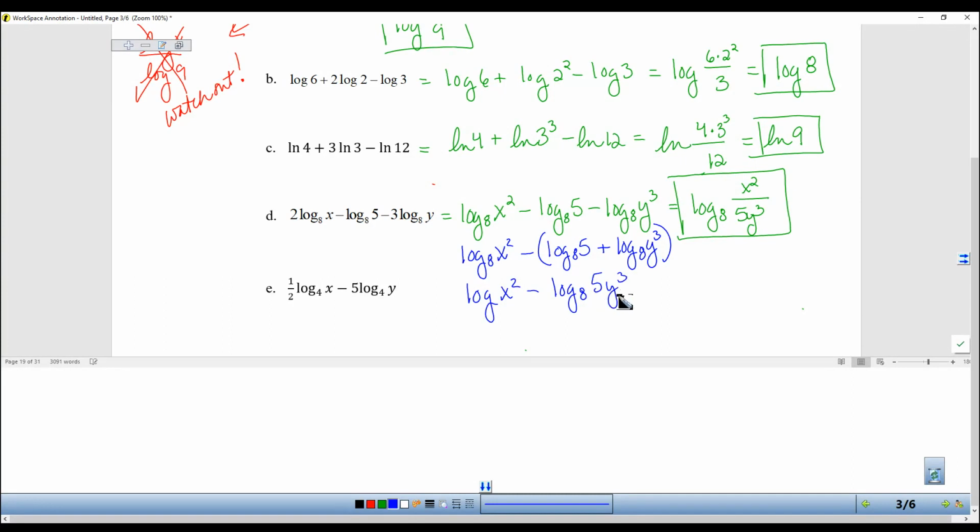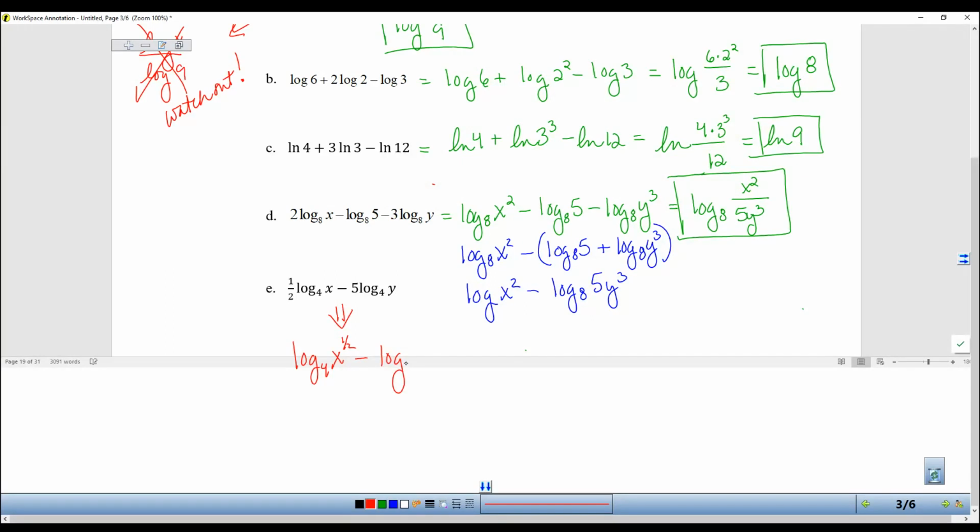These go together, and then it's log of x squared minus, and that's why the entire 5y cubed goes on the bottom, in case that helps you. So remember, when we're condensing, our first step is to move the exponents, which is the opposite of the first step in the other section.